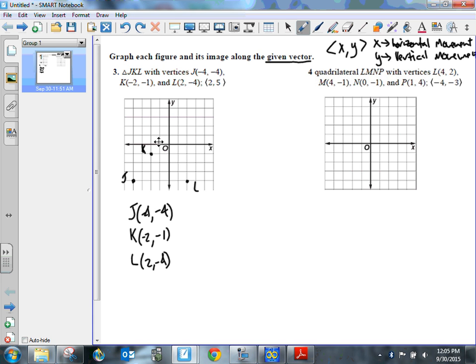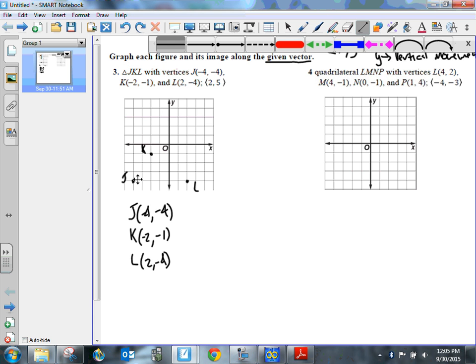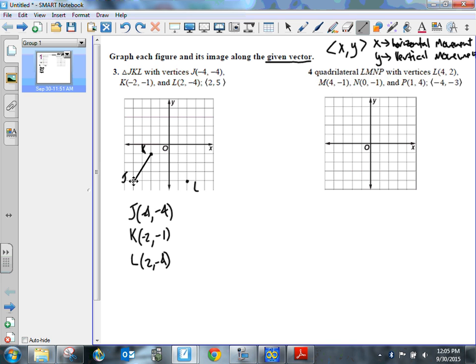Okay. Now I'm going to connect these with lines. You'll want to use a straight edge. So there we have triangle JKL, and we want to move it over this vector, a vector of 2, 5.